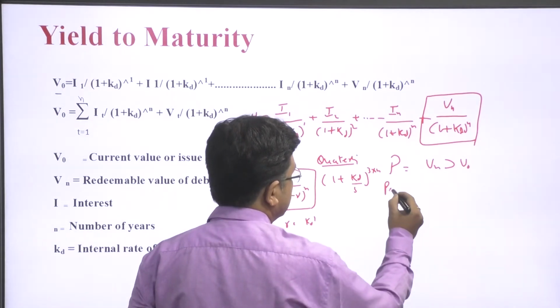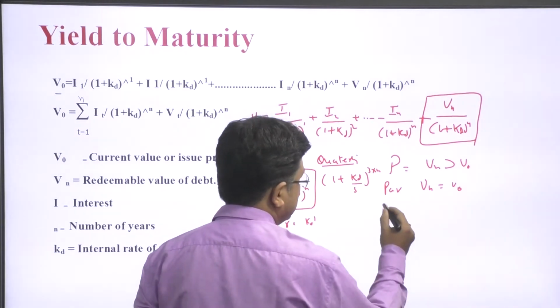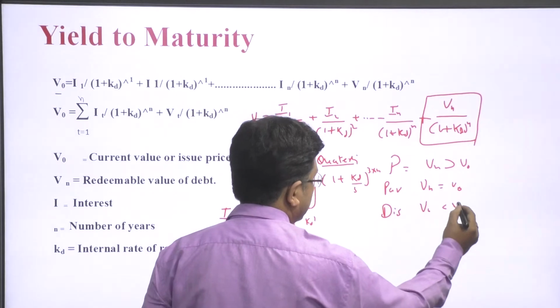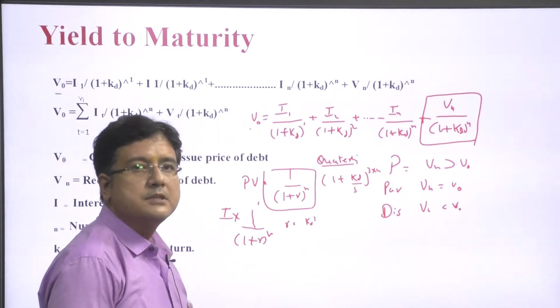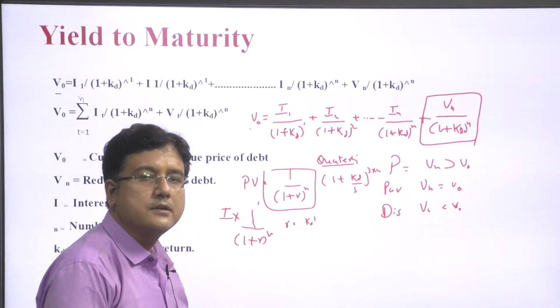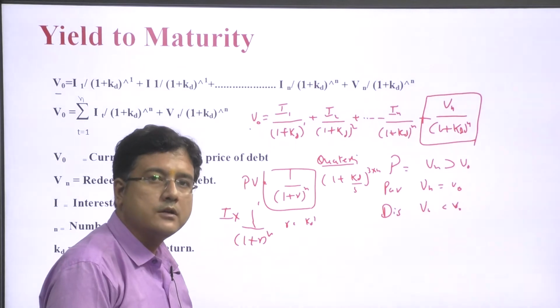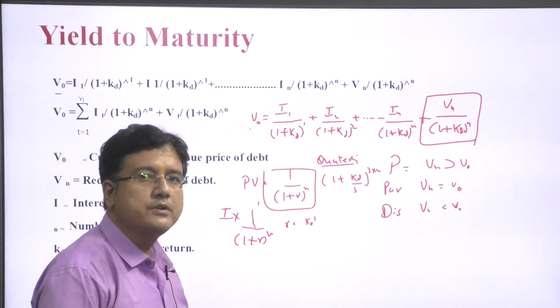In case of par, Vn equals V naught. In case of discount, Vn is less than V naught. If it is redeemed at a discount, Vn must be less than V naught. In case of premium, Vn is more than V naught, and at par, Vn equals V naught.